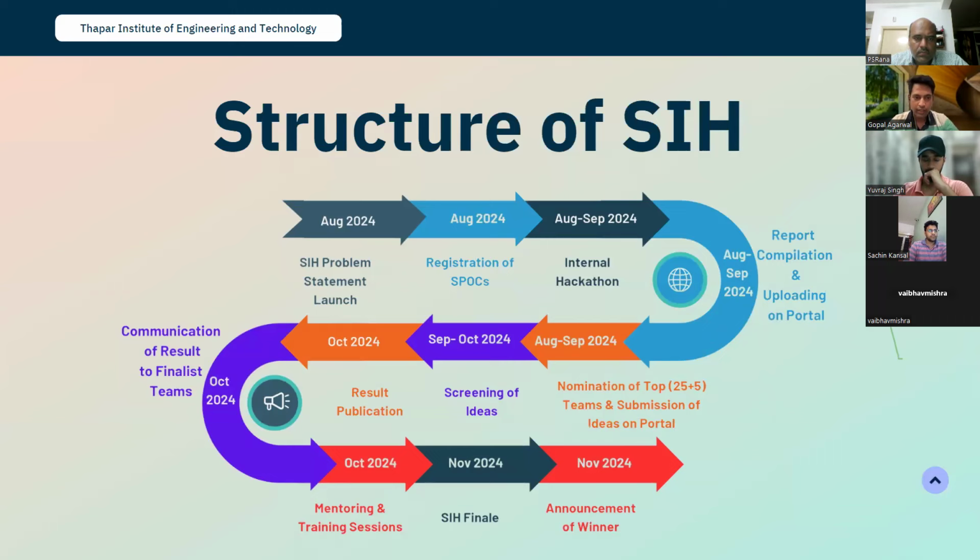Someone is drawing on the PPT, and I would really mention that please refrain from doing that. Regardless, only 5 teams out of 500 teams are selected to participate in the grand finale of the hackathon. And out of all those 5, only one team ends up winning the Smart India Hackathon.